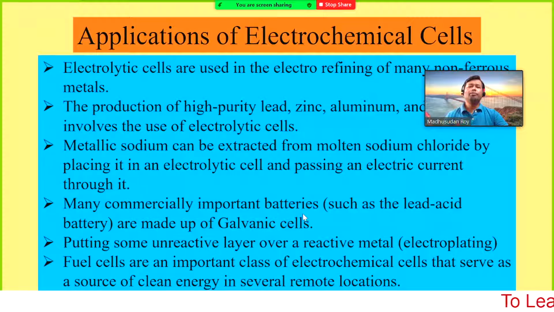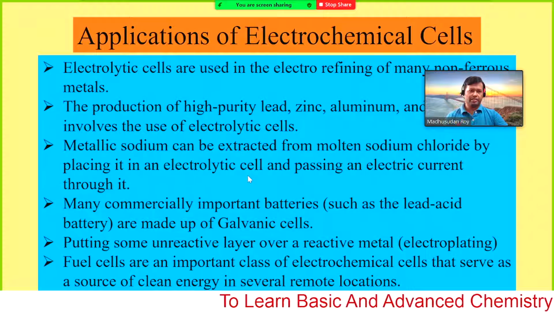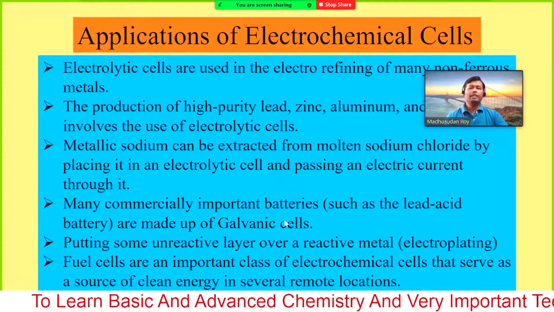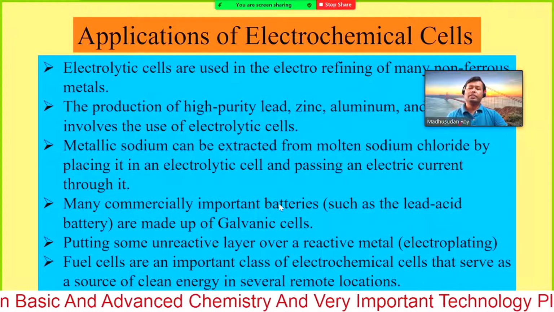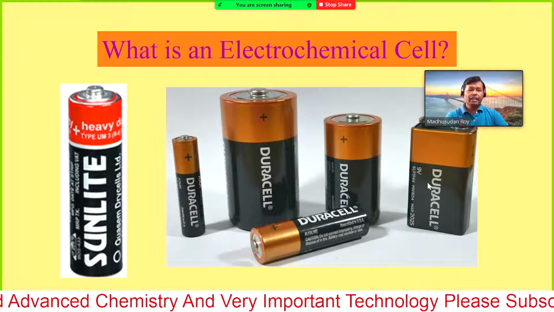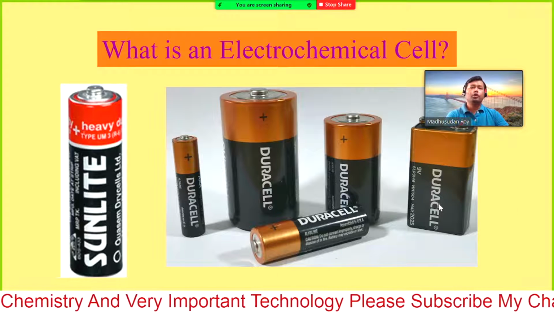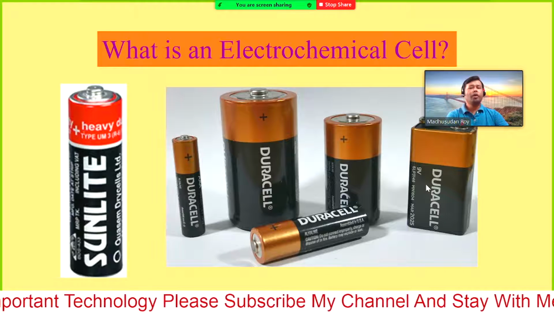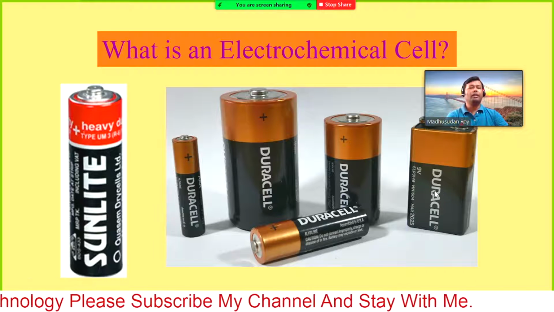Many commercially important batteries such as the lead acid battery are made up of galvanic cells. So different types of cells, or different types of batteries, meaning combinations of cells. This should be called a battery because 9 volt, none of the cells can give you 9 volt at a time.